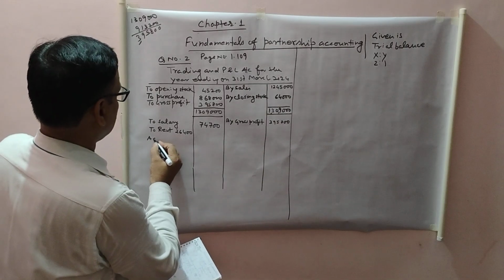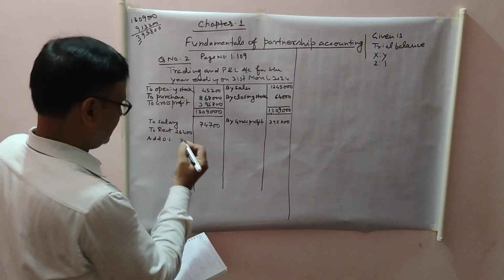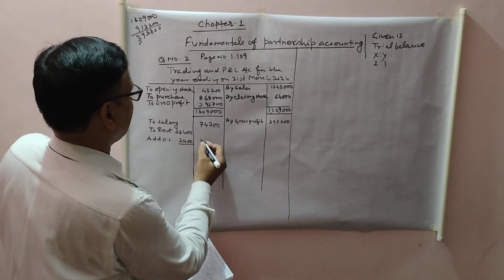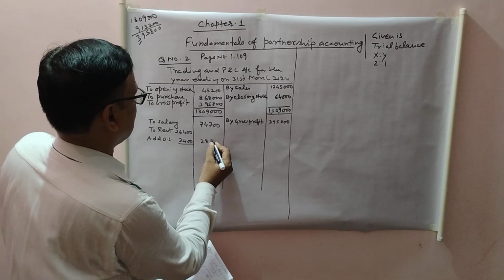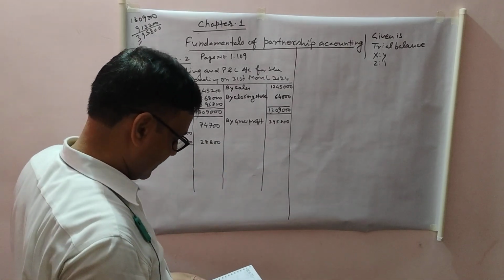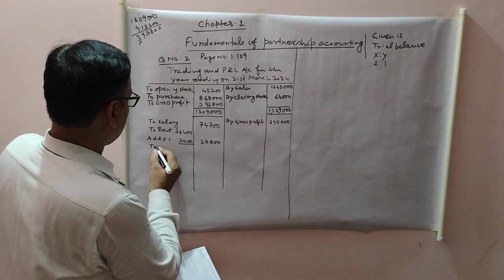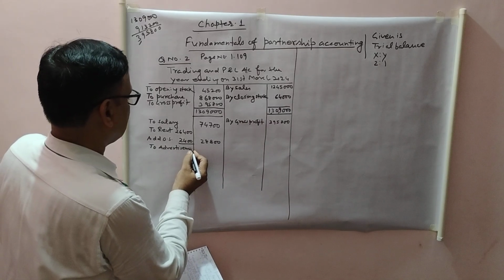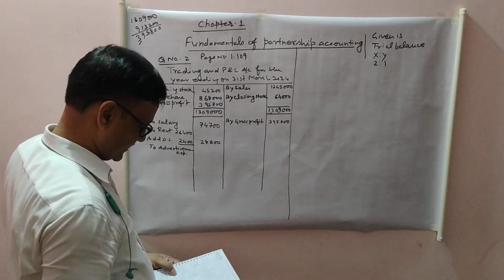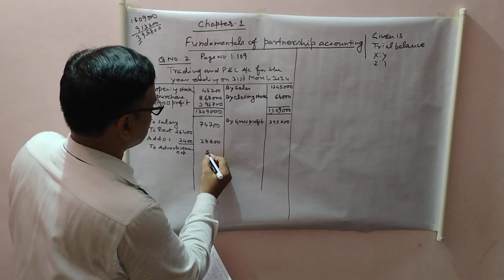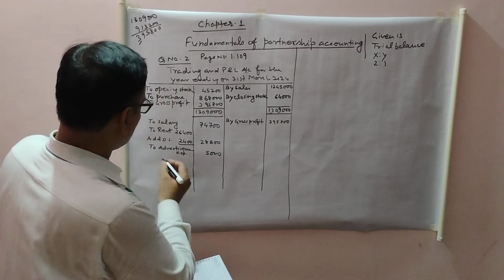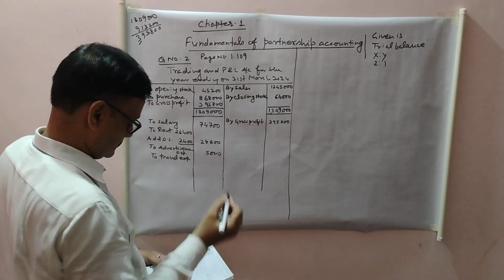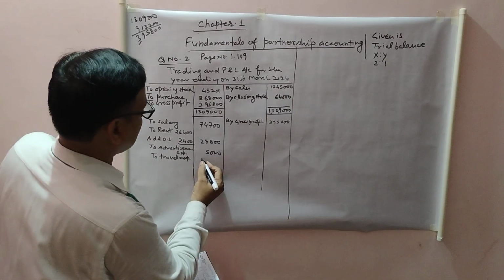Add outstanding rent, that is 2,400, and now total will be 28,800. After that, advertisement expenditure. Advertisement expenditure also is an indirect expense, that is 5,000. After that, to travel expenses, that is 31,300.